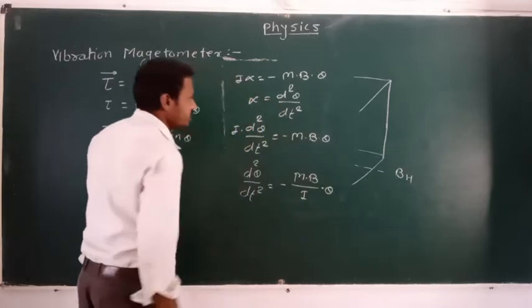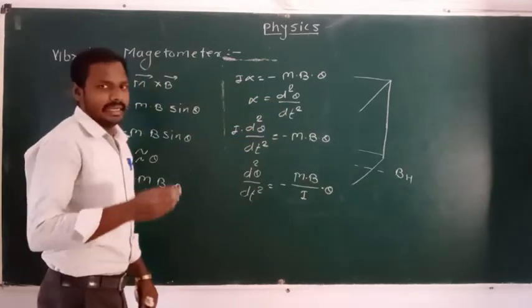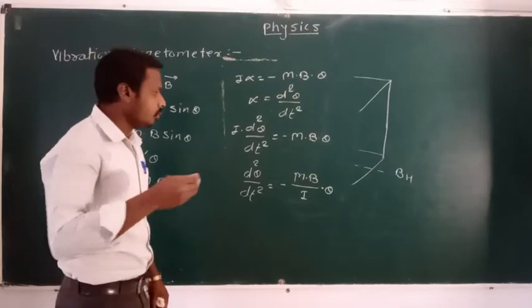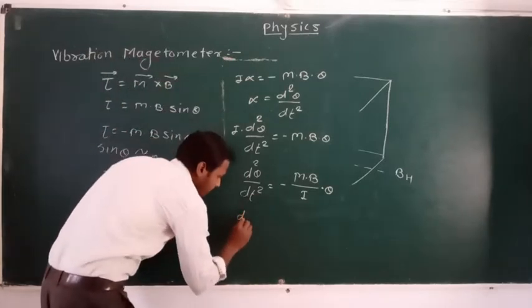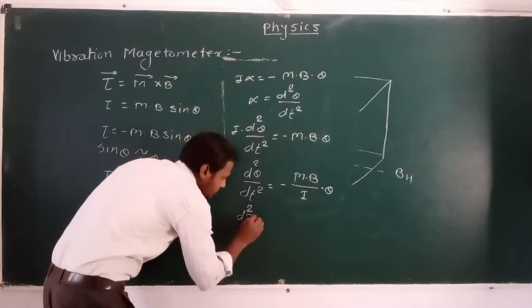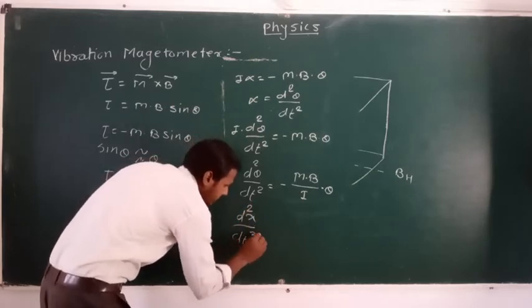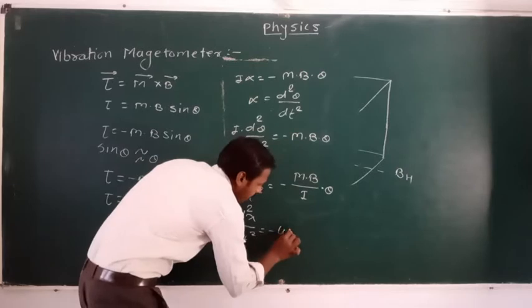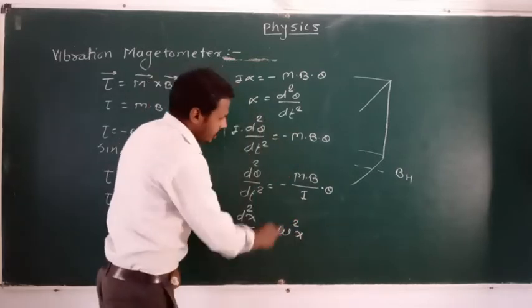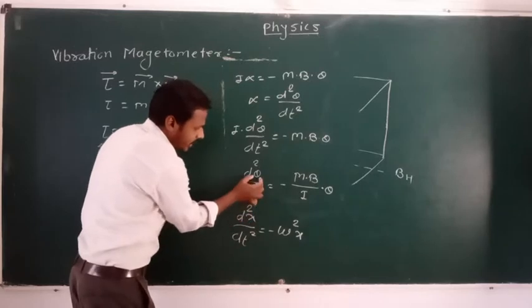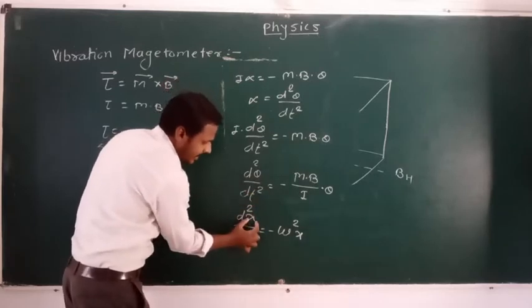Comparing this equation with linear simple harmonic motion, we know that the differential equation of linear simple harmonic motion is d2x by dt square is equal to minus omega square into x. Comparing these two equations, here is angular displacement, here is linear displacement.